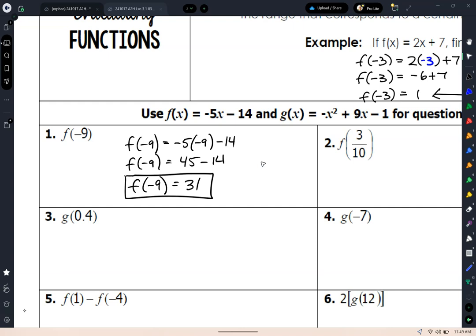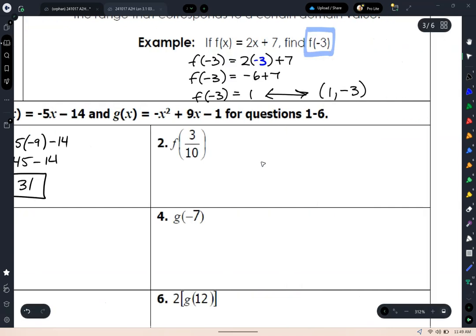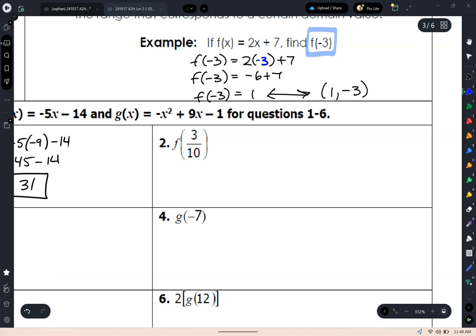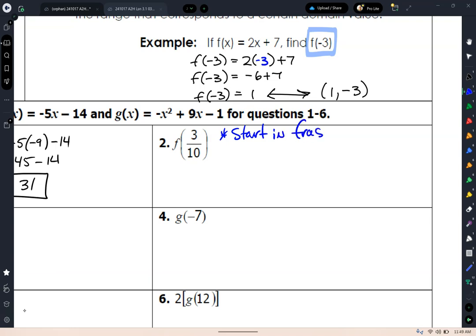Splendid. Okay, so we're taking our inputs and we're plugging them in and we're getting our outputs. Now, we're not going to take the time to do this, but I'm just going to have you write this down. Start in fracts, stay in fracts. Like fracking. Something like that.